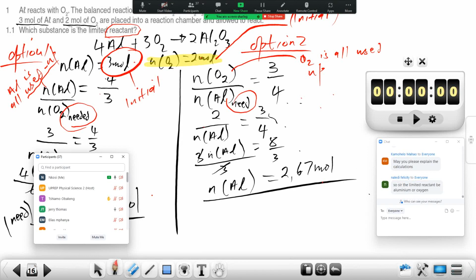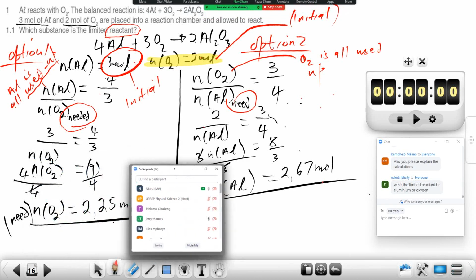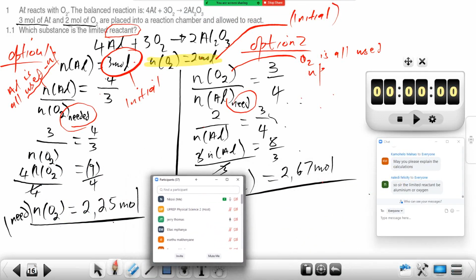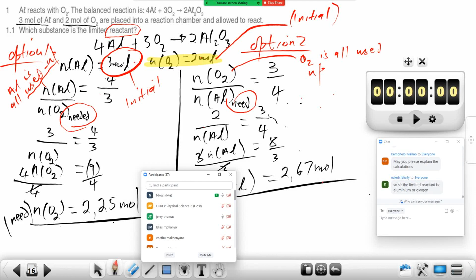So when they were mixed in a chamber, only to find out that 2,25 moles of oxygen is what we need, it's required in order for the reaction to take place. Exactly. Okay, sir. But now do you see that we don't have enough? We need 2,25, but we only have 2.